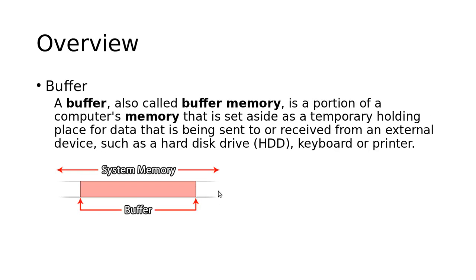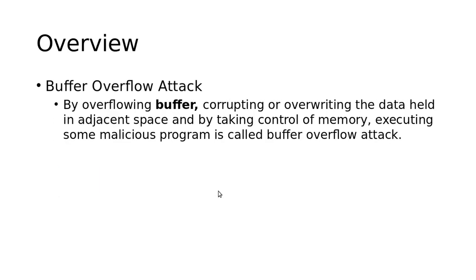Then you overwrite that data, and if you refer to another location where the program will be executing and that is malicious, then you can attack the system memory. So this is called a buffer overflow attack.